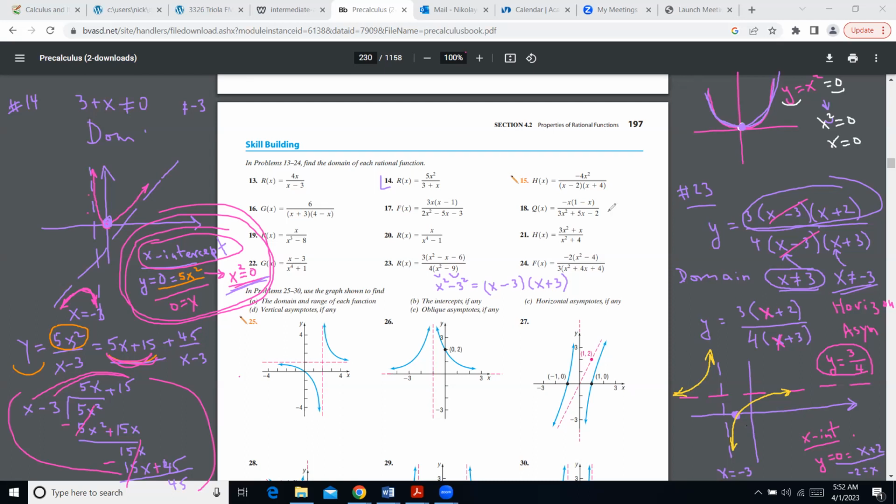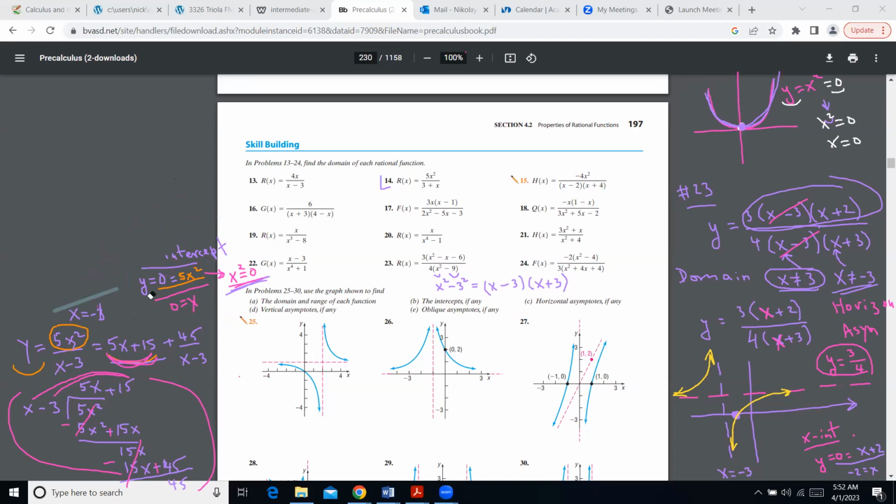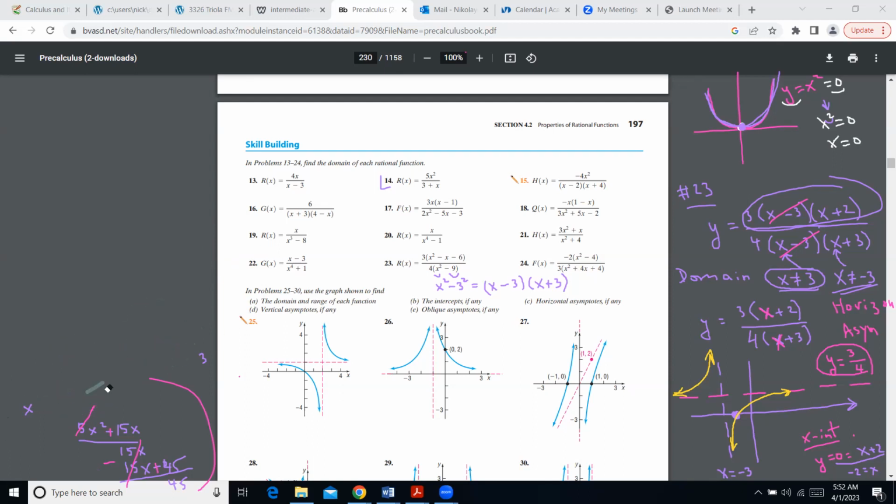So keep on graphing, and one may say, so what? What can we do with these graphs? Well, it turns out the next section shows you that these graphs are very useful in solving inequalities. So if you consider the inequality, which is your function r of x.